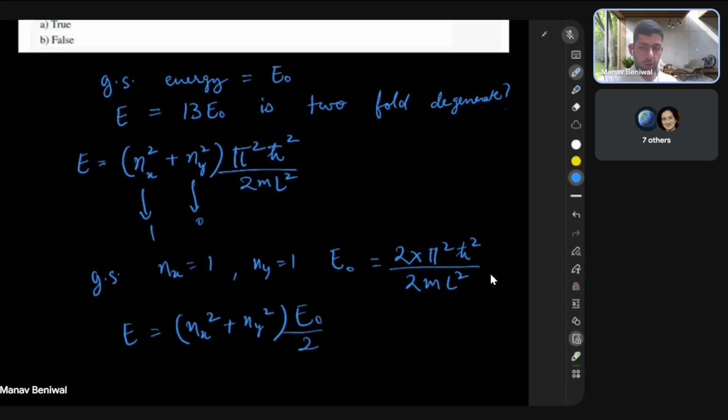So now we have this equation and we are given that our energy is 13 E naught. So this equals 13 E naught, and we cancel out E naught and this becomes 26.